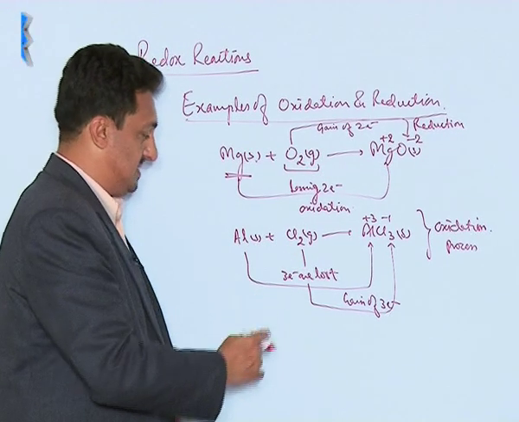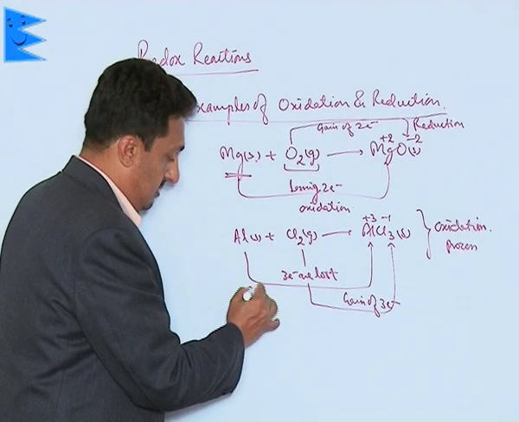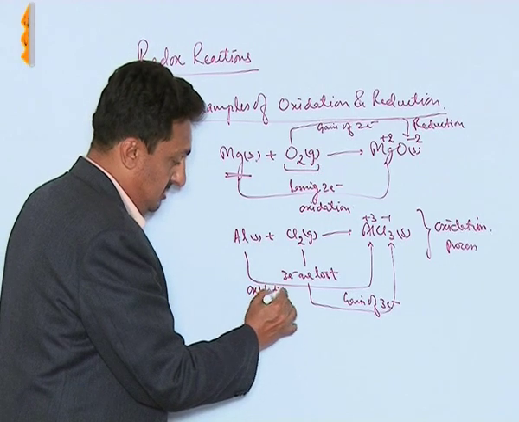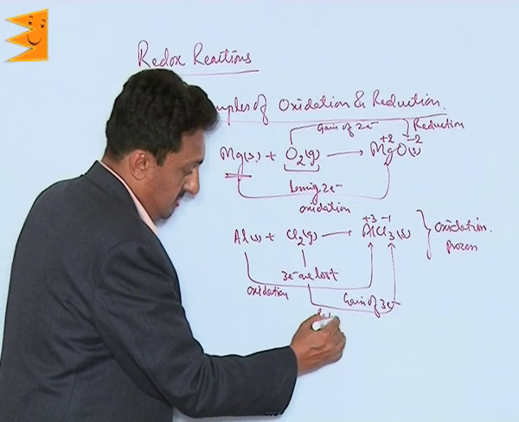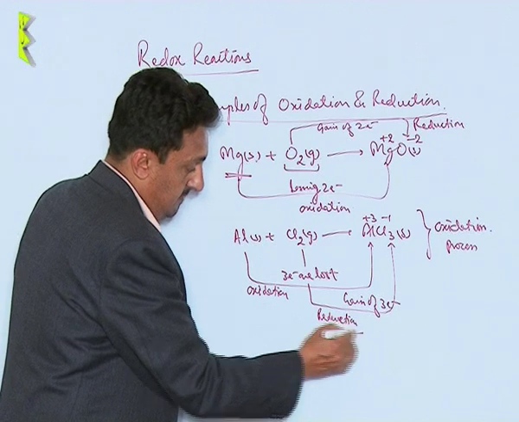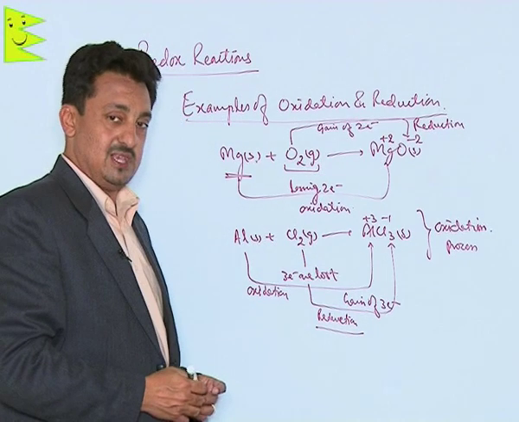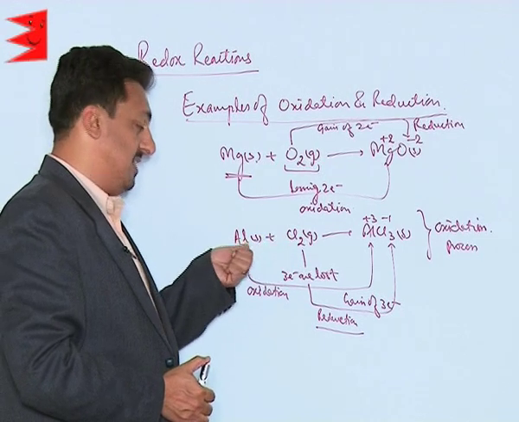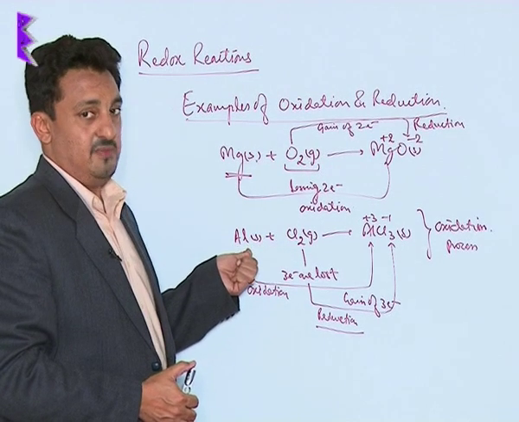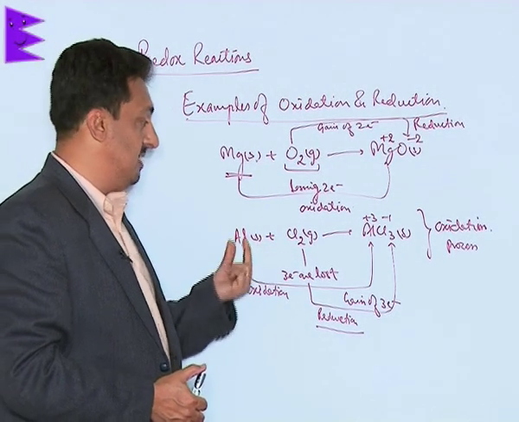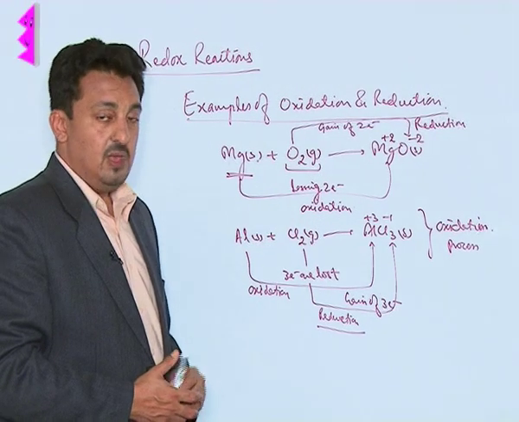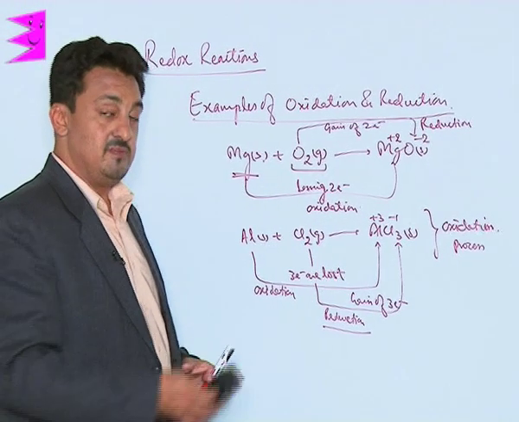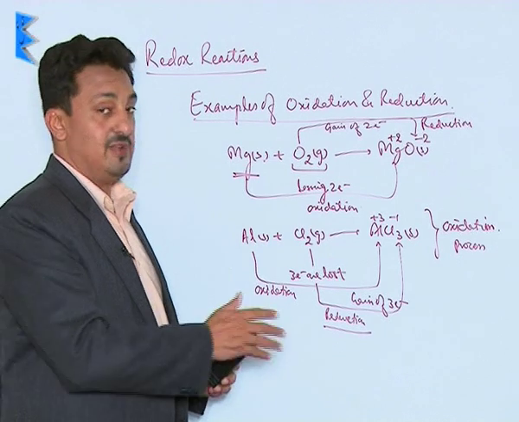So this is undergoing oxidation, this is undergoing reduction. So it's a redox process, redox reaction. But since the more electronegative atom is added to this, it's an example of a process in which aluminium is getting oxidized.